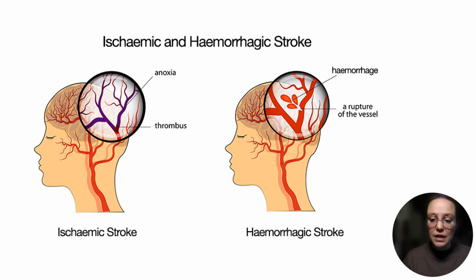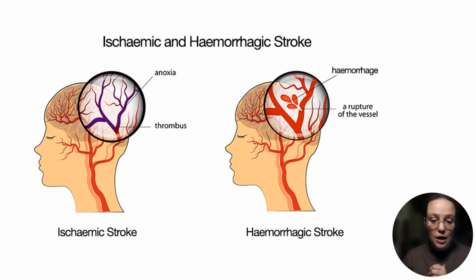Thrombus usually means the closing of an artery. For example, cholesterol might build up so much that it just closes off that artery. That's a thrombus. An ischemic stroke can also happen as a result of an embolism, which is a clot thrown up into the brain from elsewhere, usually from the heart. Both of those constitute a blockage, which then results in an ischemic type stroke.